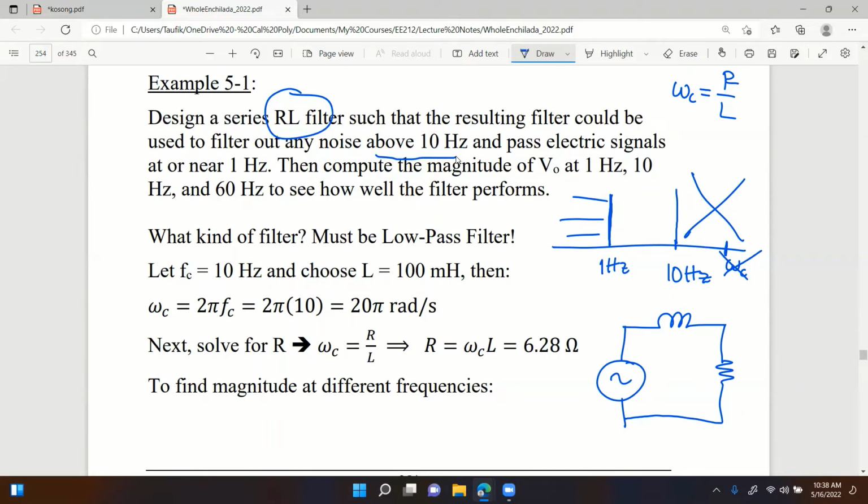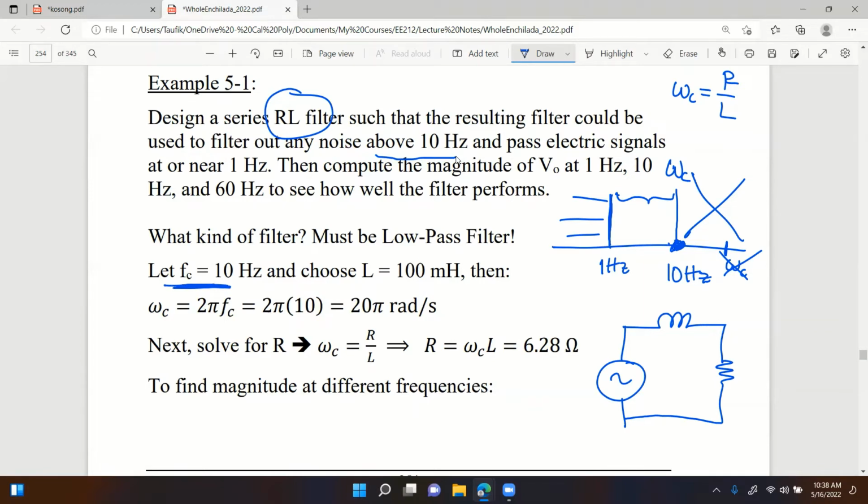Remember you want to pass signals at 1 hertz or below, and then you want to block any signals above 10 hertz. So theoretically speaking, you could pick your omega C at any frequency between 1 and 10, and that should be a good omega C. But for the sake of example, I choose FC to be 10 hertz, exactly right there.